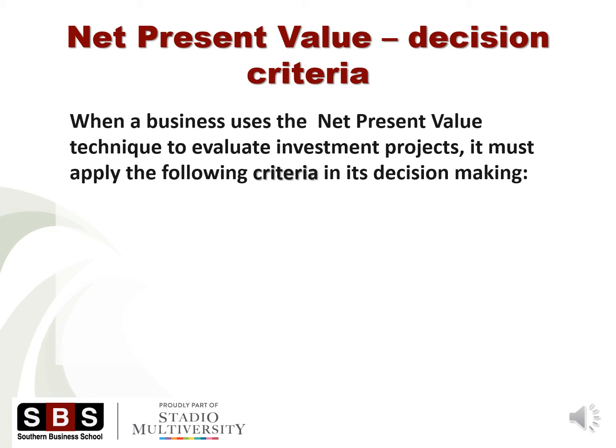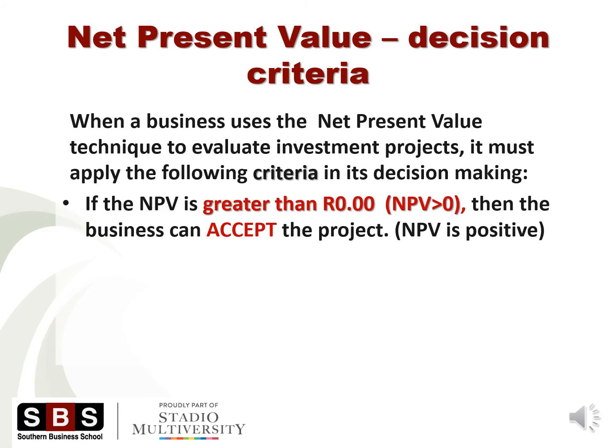There are 2 decision criteria that one can use to decide whether an organization should go ahead and make a capital investment or not. The decision criteria are the following. The net present value that you calculate is a money value, a rand value. If that amount is greater than 0, then the business can accept the project.